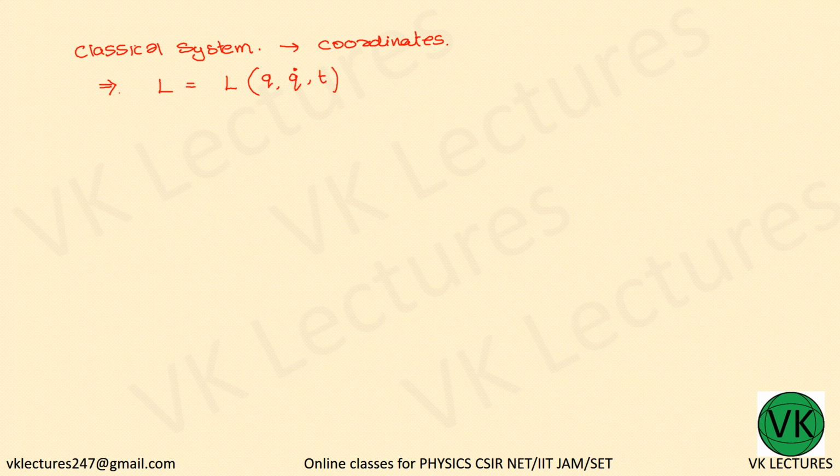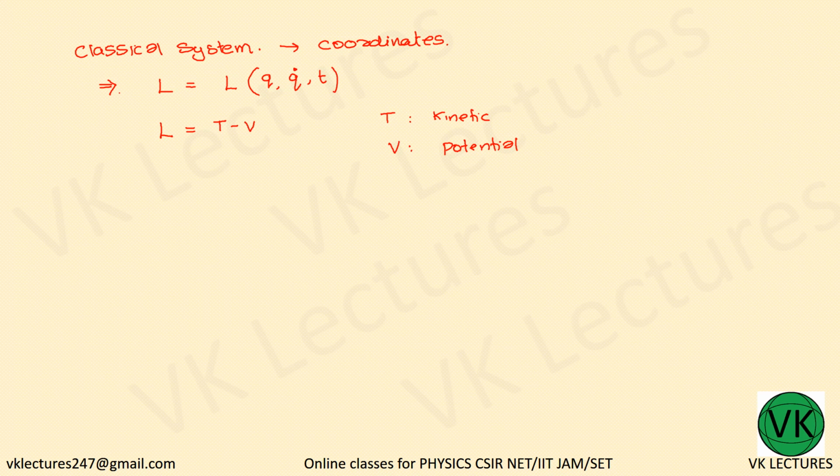Now the Lagrangian is equal to T minus V, where T is the kinetic energy and V is the potential energy. So the difference of kinetic and potential energy gives you the Lagrangian.